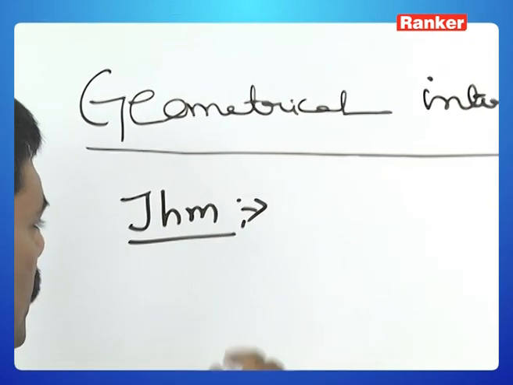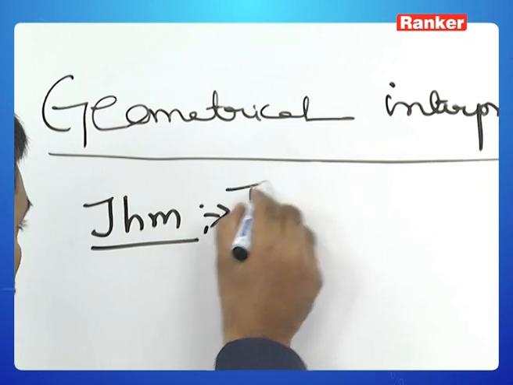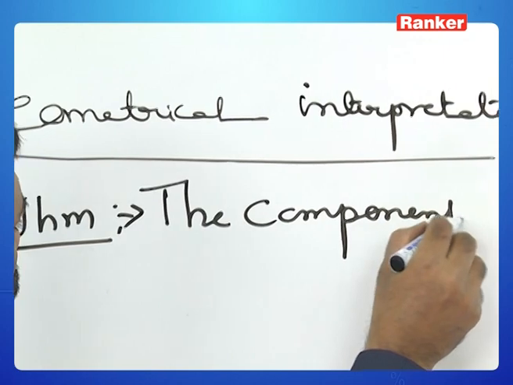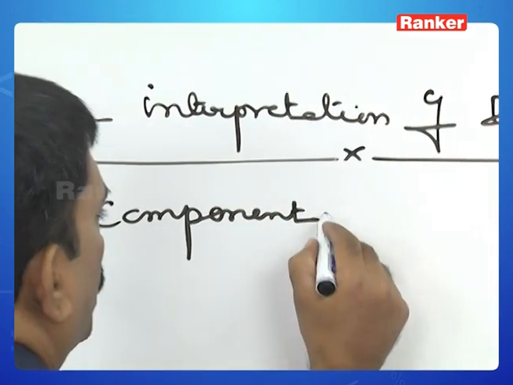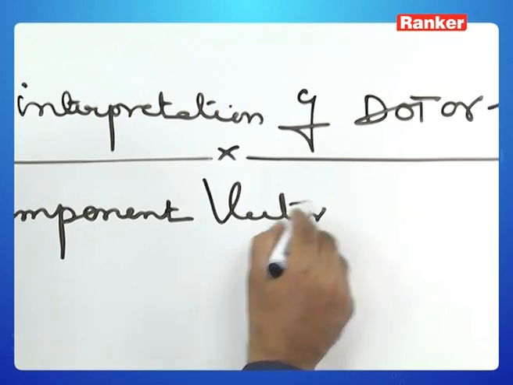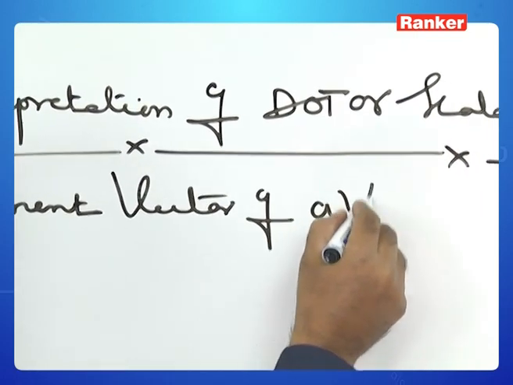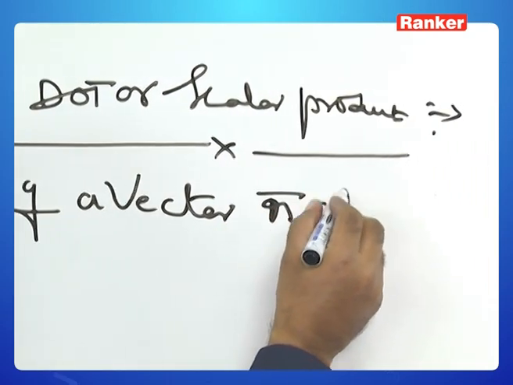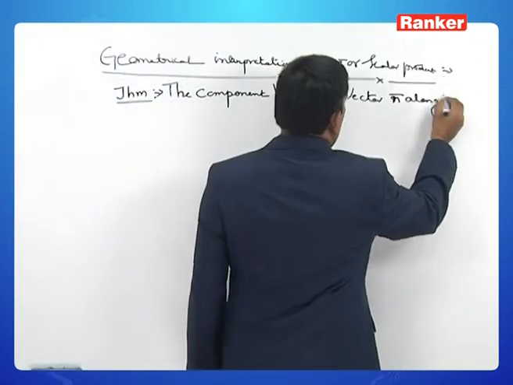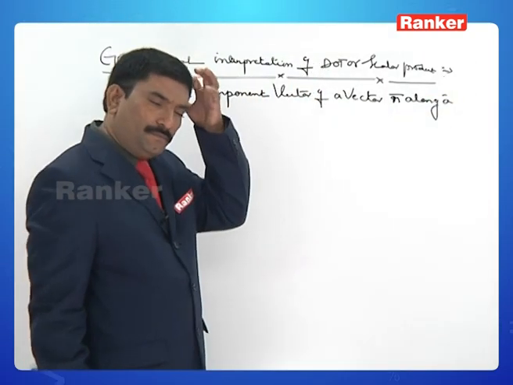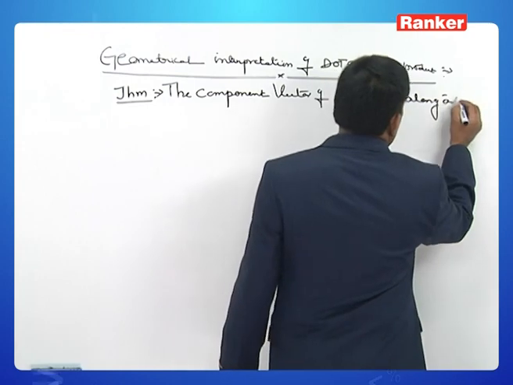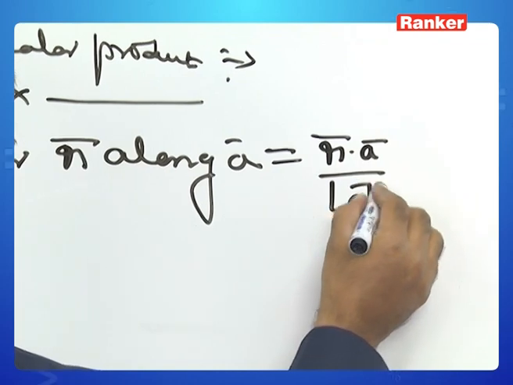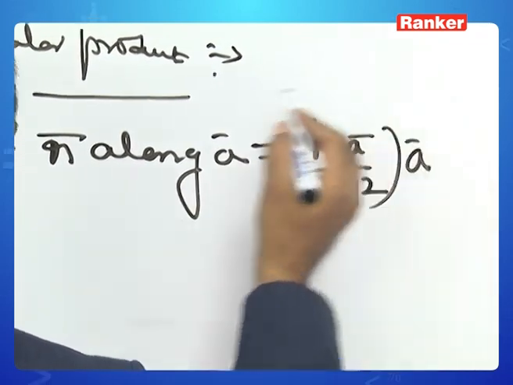The concept says the component vector of a vector R bar along A bar is equal to R bar dot A bar over modulus A bar whole square, into A bar.